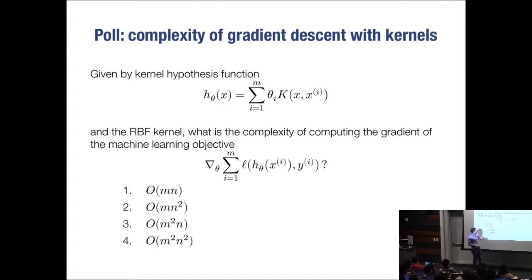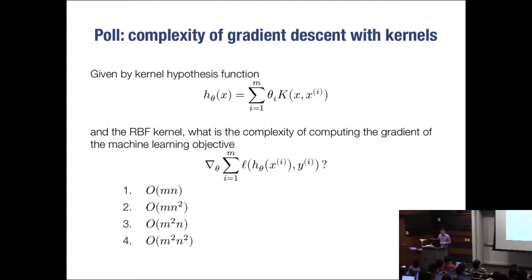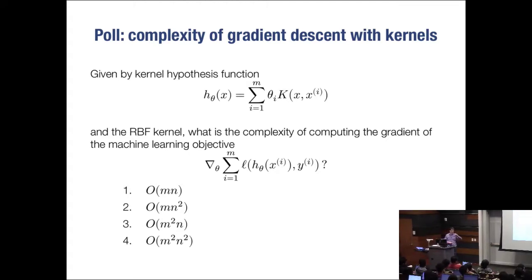The way I minimize that in practice is I compute the gradient of this thing, and then I take a small step in the parameters in that direction. So let's assume we're using the RBF kernel. With this particular parameterization, what's the complexity of computing just one gradient?